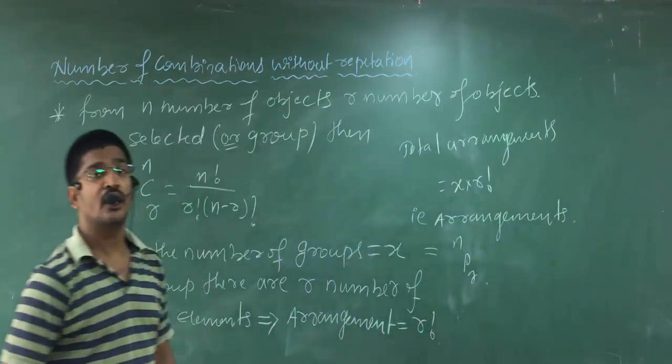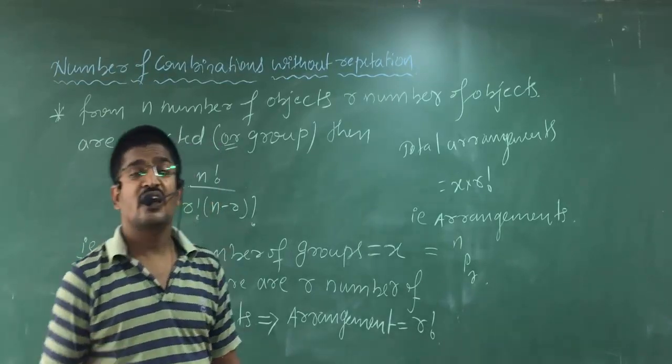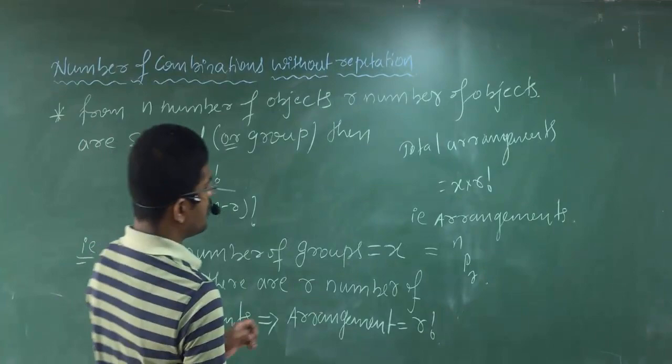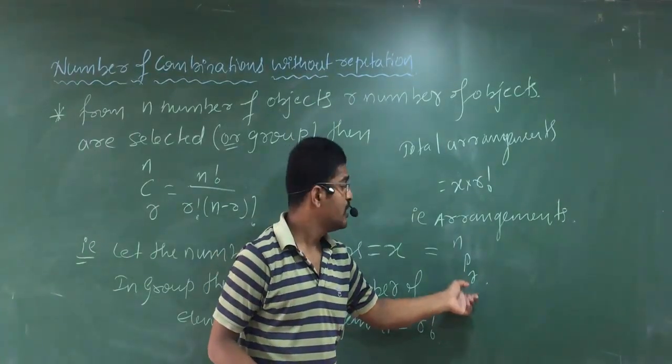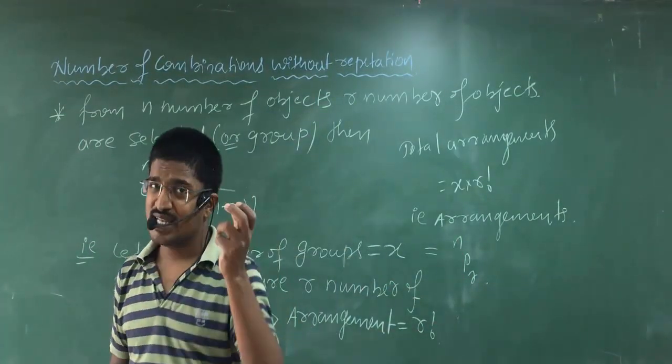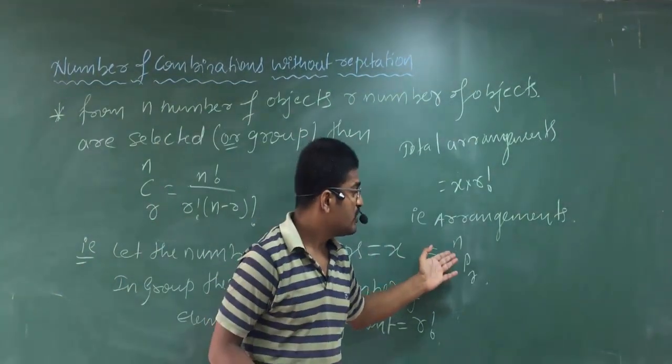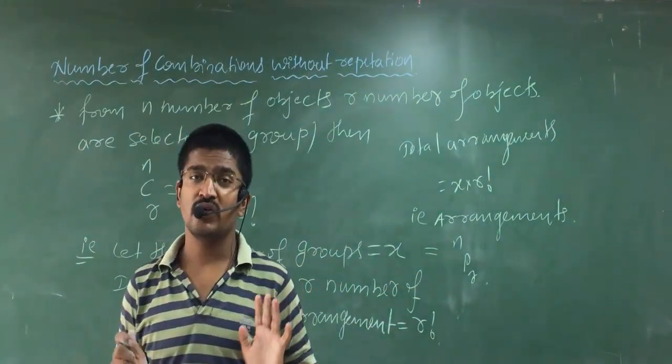We know this formula because always arrangements are equal to nPr, because r number of elements are selected from n number of elements, and we are arranging r number of elements, so the arrangements are given by nPr. That is our formula.